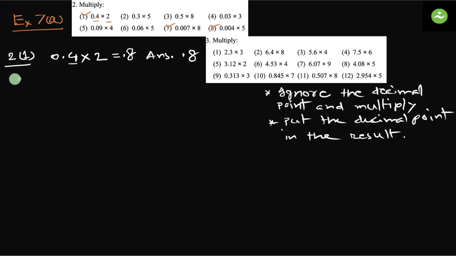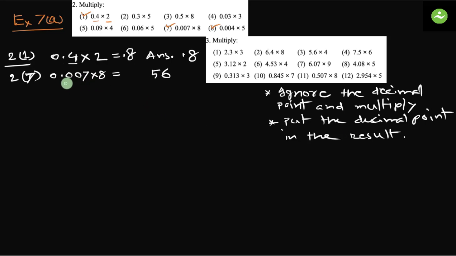Number 7. 0.007 into 8. First thing, ignore the decimal point and multiply. 7 into 8 is 56. Now put the decimal point in the result.